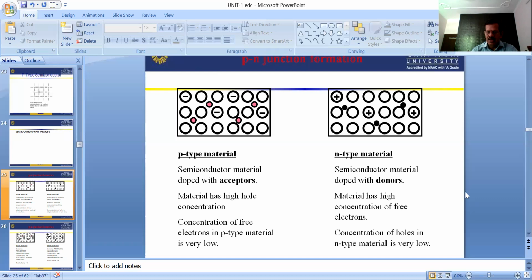This is the basic difference between n-type material and p-type material. It depends on the concentration of charge carriers: what is the concentration of holes, what is the concentration of electrons, which concentration is greater and which is low. This depends on the type of material.